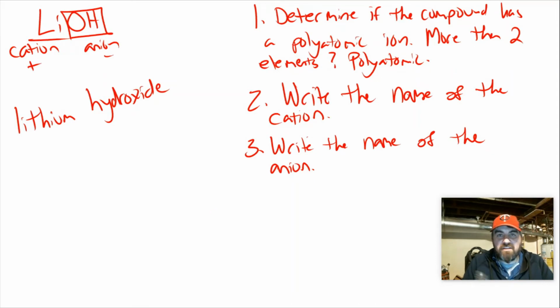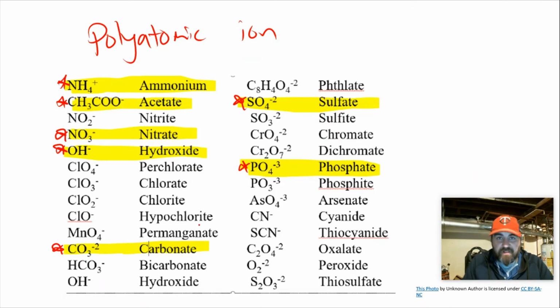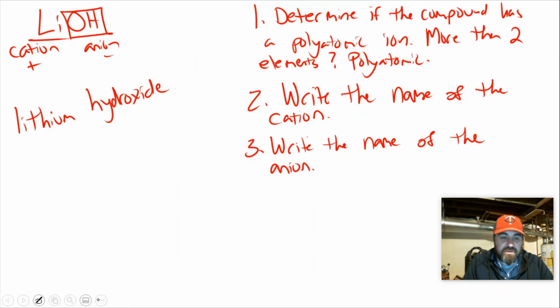Lithium hydroxide. That's the name. There's not really a huge difference between the way we did the first set, the type 1, and the way we do the second set with polyatomic ions. The only difference is we're not changing the name and putting the IDE at the end. We're just taking the name directly from our list of polyatomic ions. So it's not a huge change from what we just did.